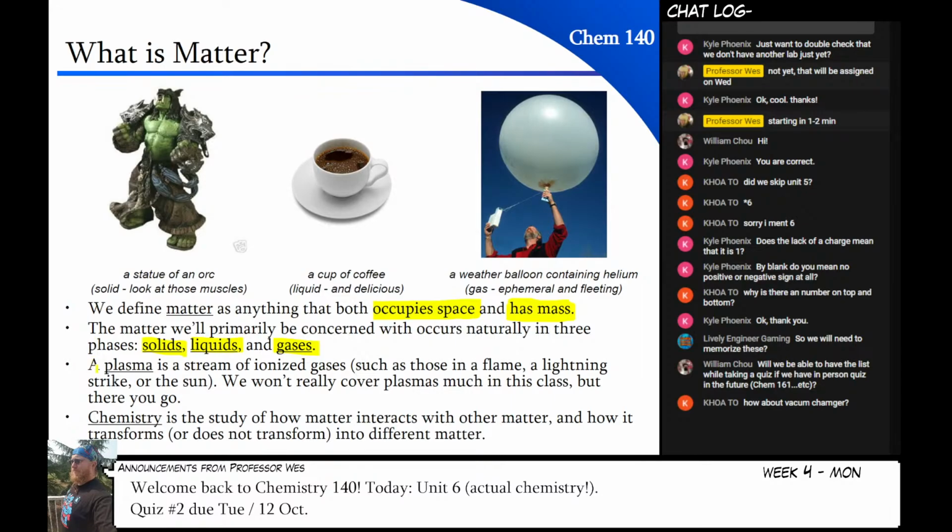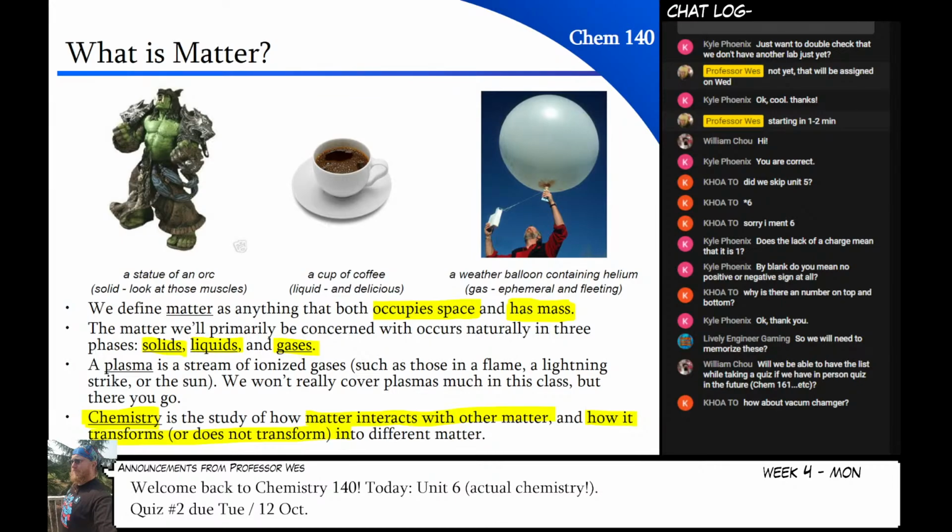Now, what exactly is chemistry? What are you going to be doing in this class? Chemistry is the study of how matter interacts with other matter, and what happens to it when it does that. So when you take 2 pieces of matter and you introduce them to each other, what happens?